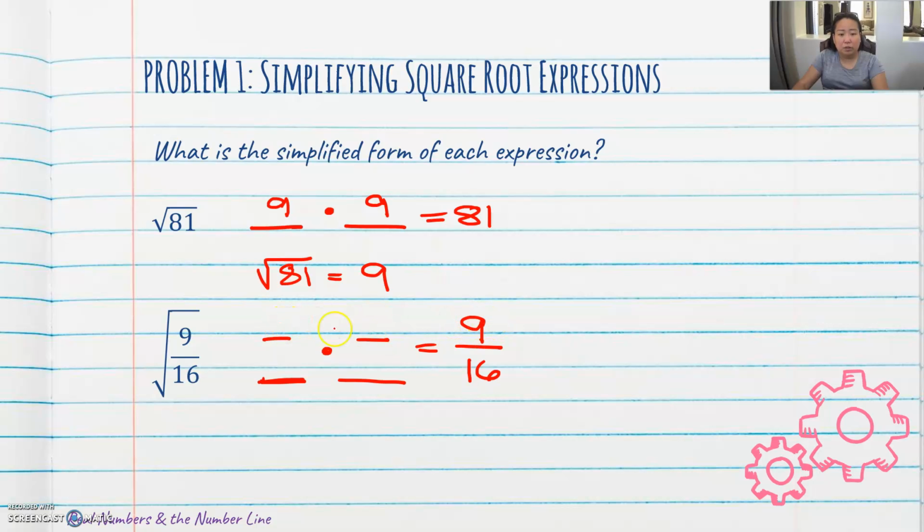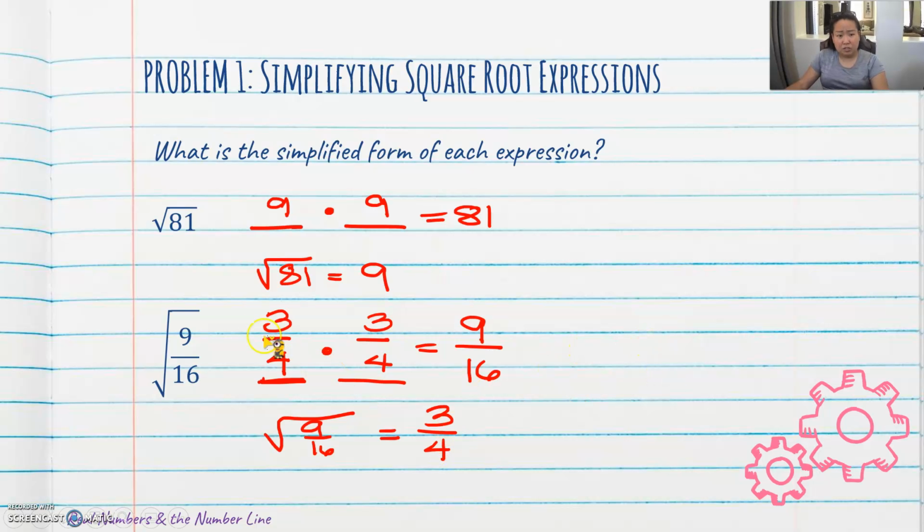So what number, if you multiply to itself, will give you 9? That will be 3 and 3. Now, can we think of a number that if you multiply to itself will give you 16? That would be 4, since 4 times 4 is 16. So from here, we know that the square root of 9 over 16 is going to be 3 over 4.